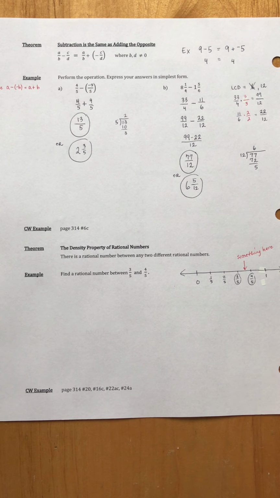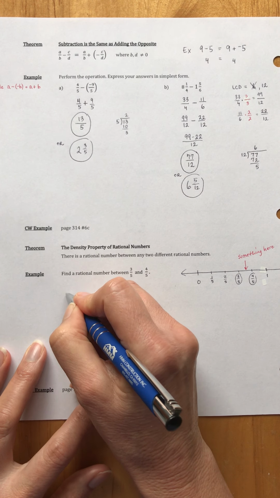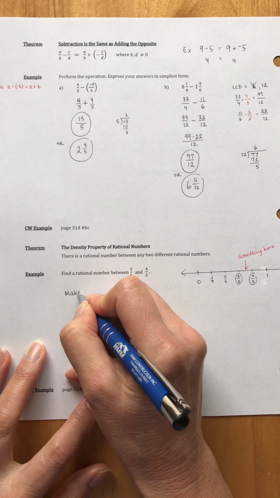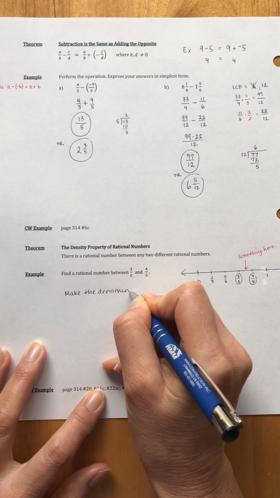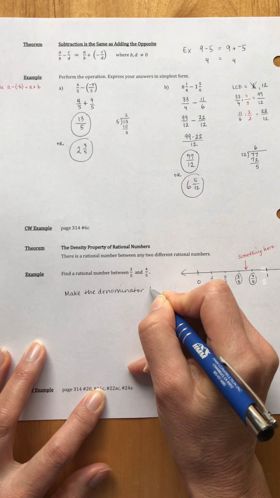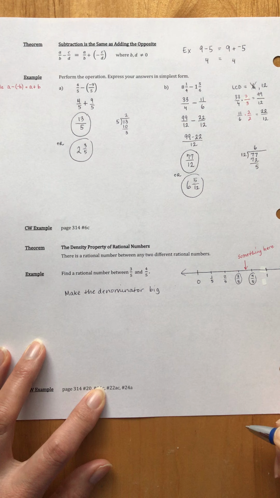There's space between, so there's a fraction between there. So how would we go about finding it? Well, the key is make the denominator bigger. Or you want to put more little pieces in between here.